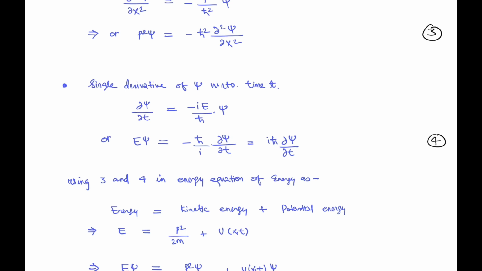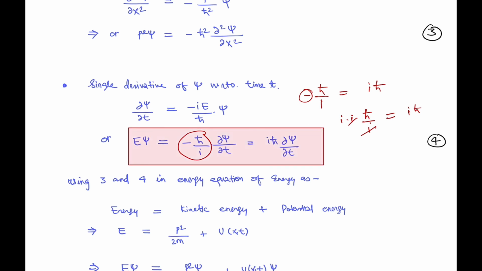And here minus h bar by iota is nothing but iota h bar, because we know this minus is minus 1 actually, and minus 1 is iota multiplied by iota. So when you cancel it out, it comes out iota h bar. So this is our important finding.